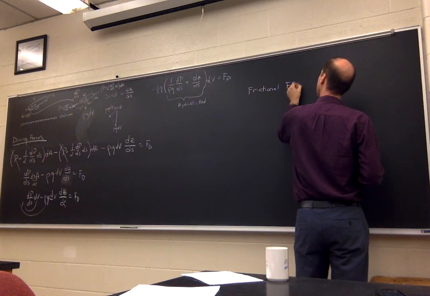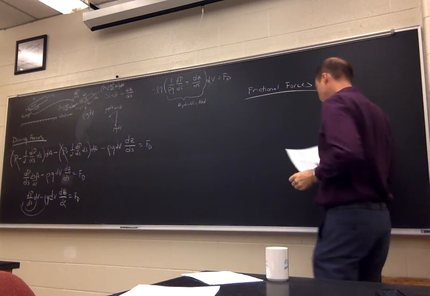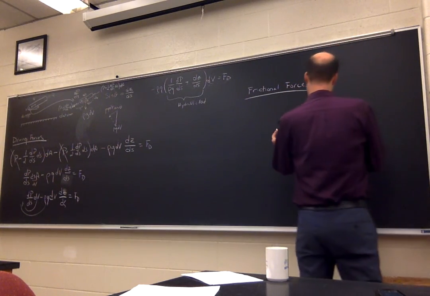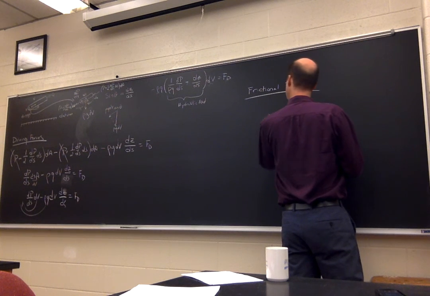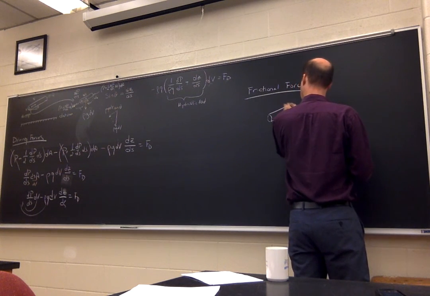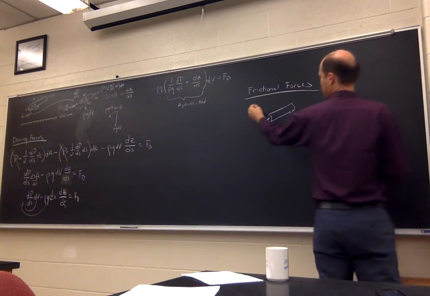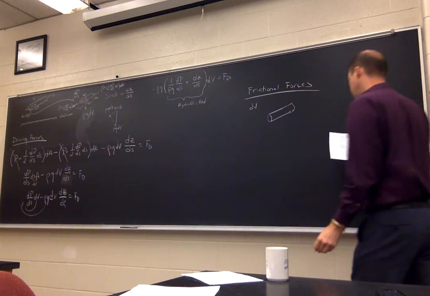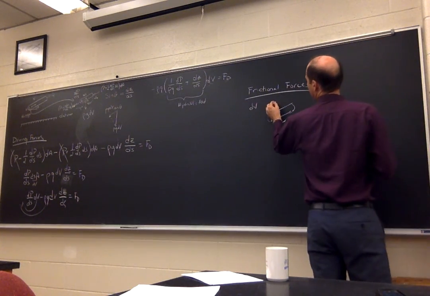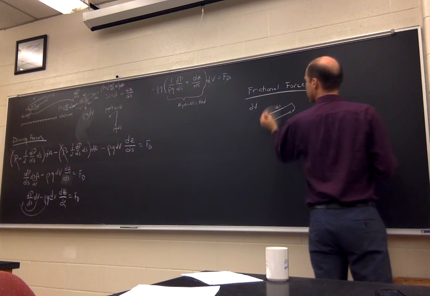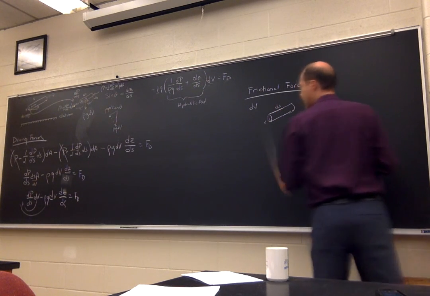Let's draw that control volume again here. So this control volume, dV, as a reminder, has a length of ds and a small radius of r.